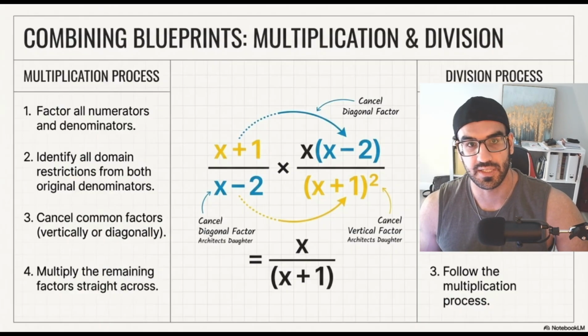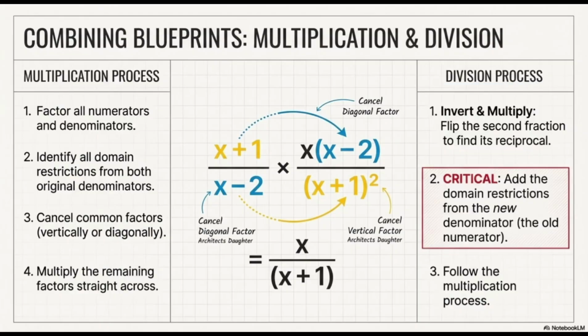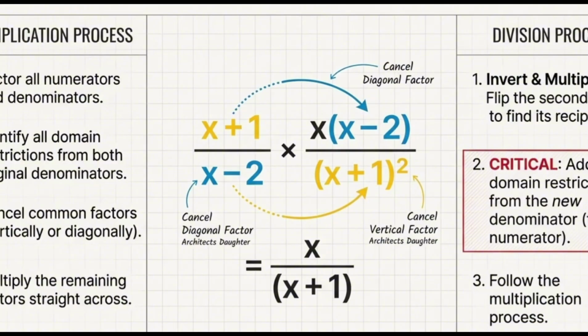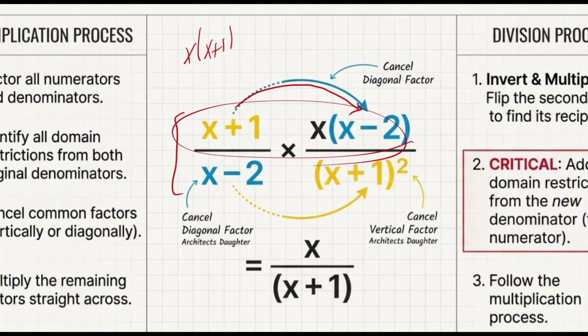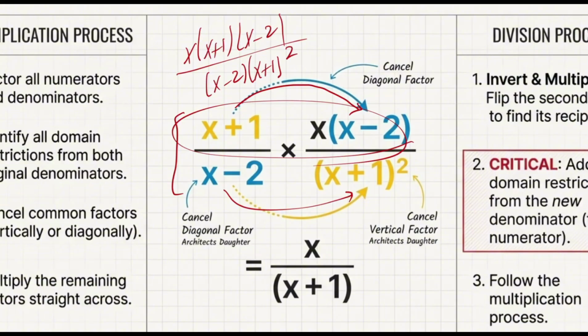So let's look at this example to clear your mind. Imagine that I do have x plus 1 over x minus 2, and on the other side, x times x minus 2 divided by x plus 1 to the power 2. You can see that either I can do all of this multiplication at the beginning, multiplying everything together, so I have x times x plus 1 times x minus 2, and on the bottom x minus 2 times x plus 1 to the power 2, and then do the simplification, or I can do the simplification at the beginning.